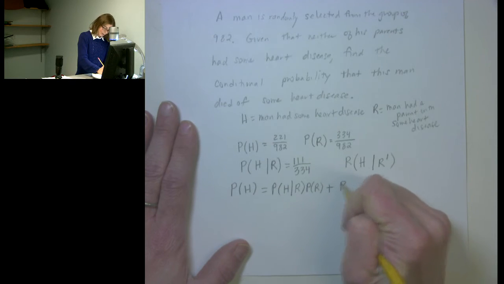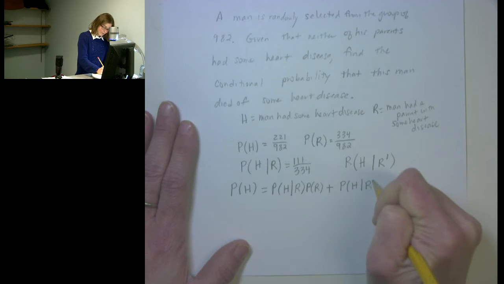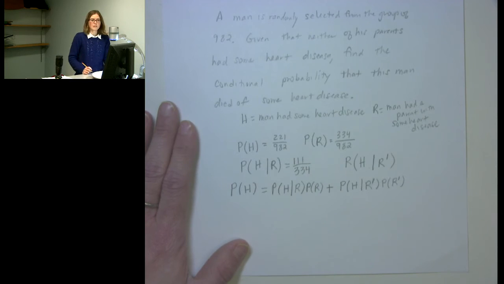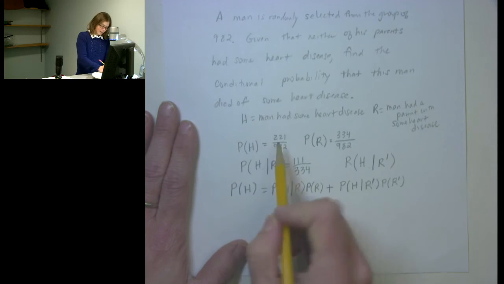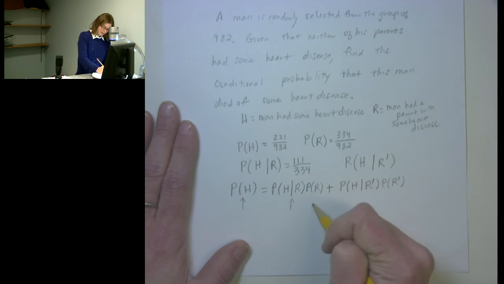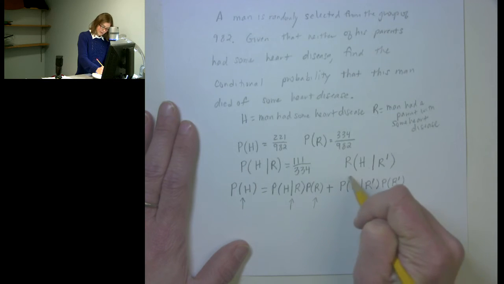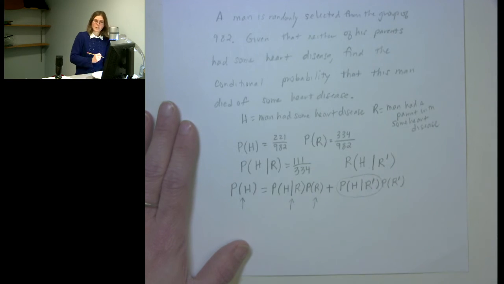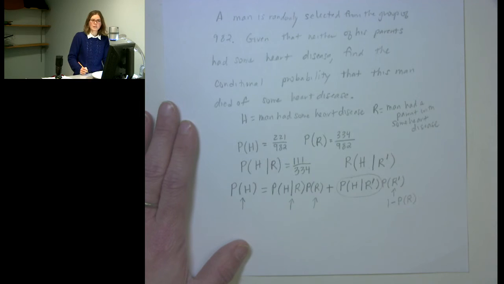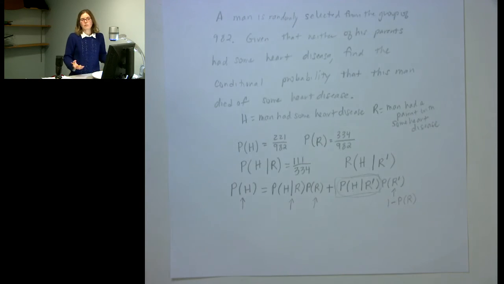So I could also write this as the probability of having heart disease given that you do not have a parent with heart disease times the probability of not having a parent with heart disease. At this point, I know all of these values are given to me, except this one that I'm trying to solve for, because I know that this is 1 minus the probability of having a parent with some heart disease. So at this point I could rearrange and solve for the probability of having heart disease given that you did not have a parent with heart disease using this law of total probability.